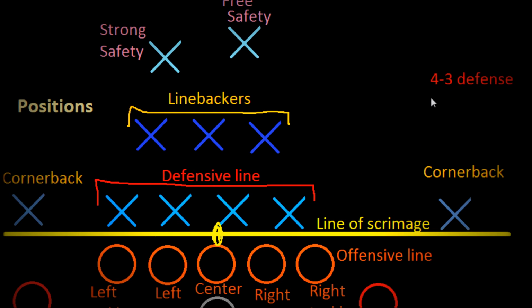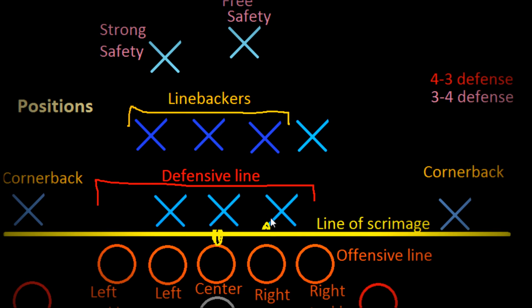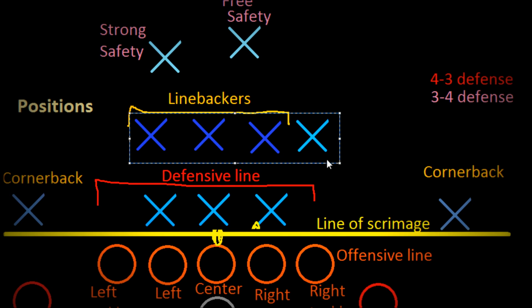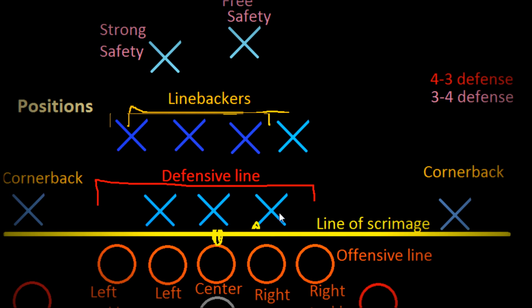The other common way that you might see guys line up instead of a 4-3 is a 3-4 defense, which would simply mean that one of the linemen will actually move back, and so you will have then 3 linemen in the middle there, and then you would have 4 linebackers, so that would be the 3-4 defense then. And really these guys can stand wherever they want.